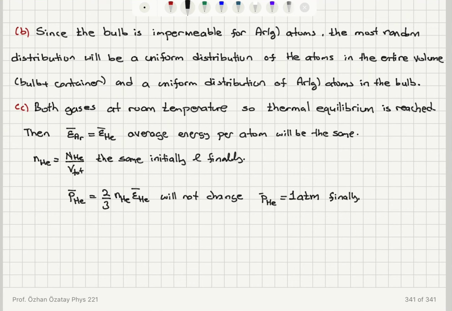Now I look at the average pressure of argon. It is 2/3 number density of argon and mean energy per atom. Now in this experiment, since I don't have heat flow, neither the mean energy per atom for argon nor the number density of argon is changing.